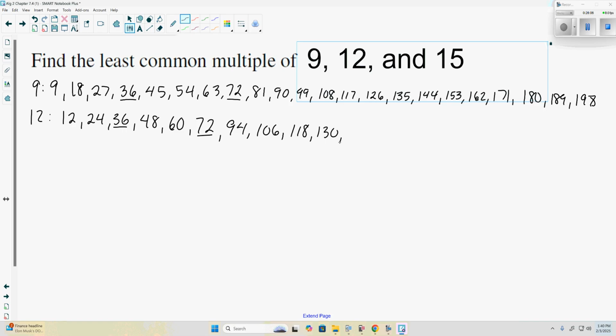Yes. So that means 36 and 72 aren't going to work, because with 15 it has to end in a 5 or a 0. Well, 90 would work with 9 and 15, but 12 blew past 90.